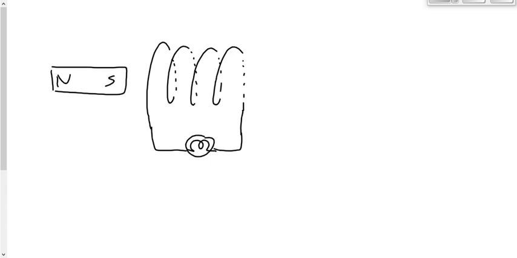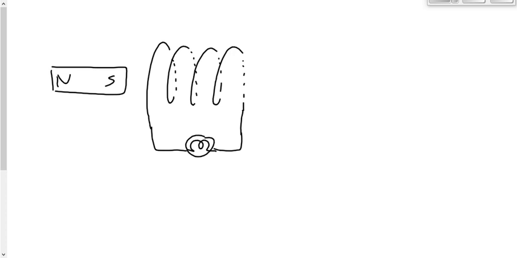Now, when I move this magnet relative to this coil of wire, Faraday and Henry said that we're going to generate a current. Ørsted said that current will generate a magnetic field. Lenz said that the newest magnetic field that I just generated will act with the original magnetic field to oppose the motion.